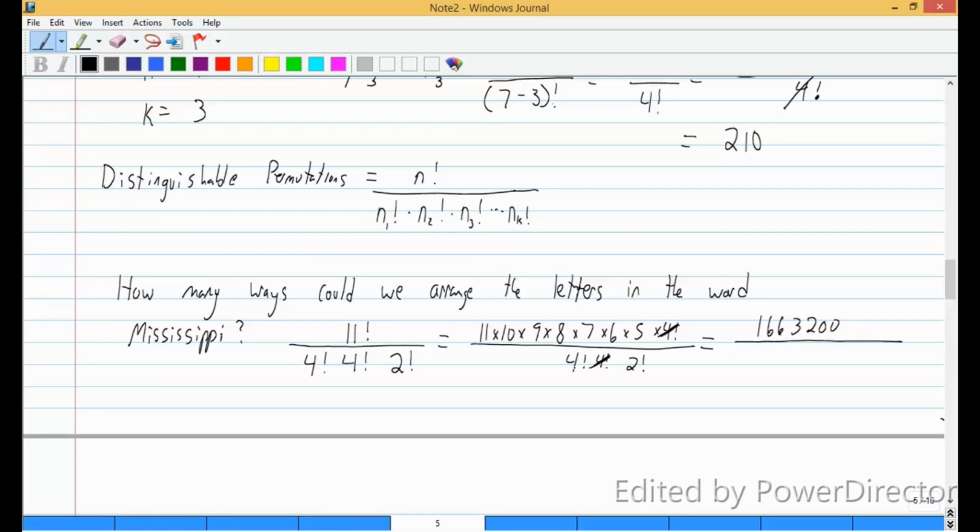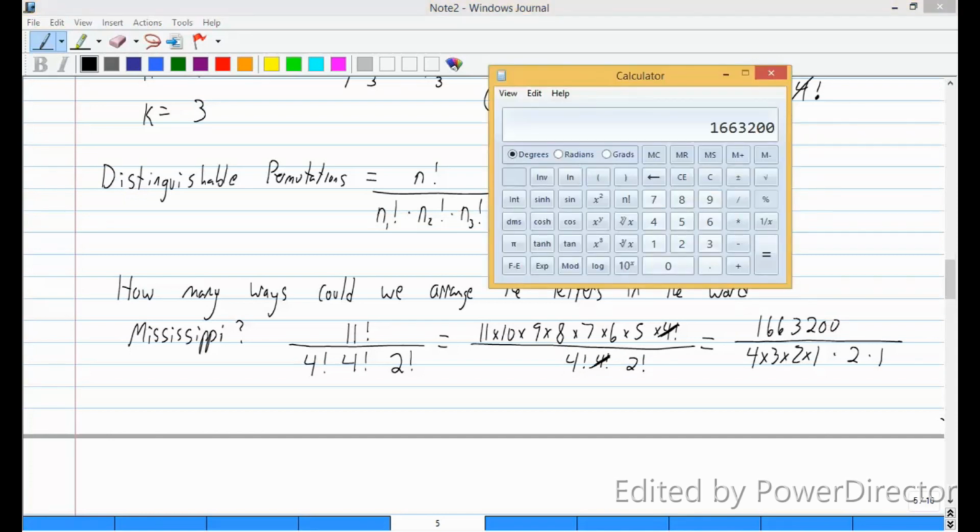And then the denominator is going to be 4 times 3 times 2 times 1 times 2 times 1. Right? 4 factorial times 2 factorial. So that is 24 times 2, 48. So it's going to be that number divided by 48.